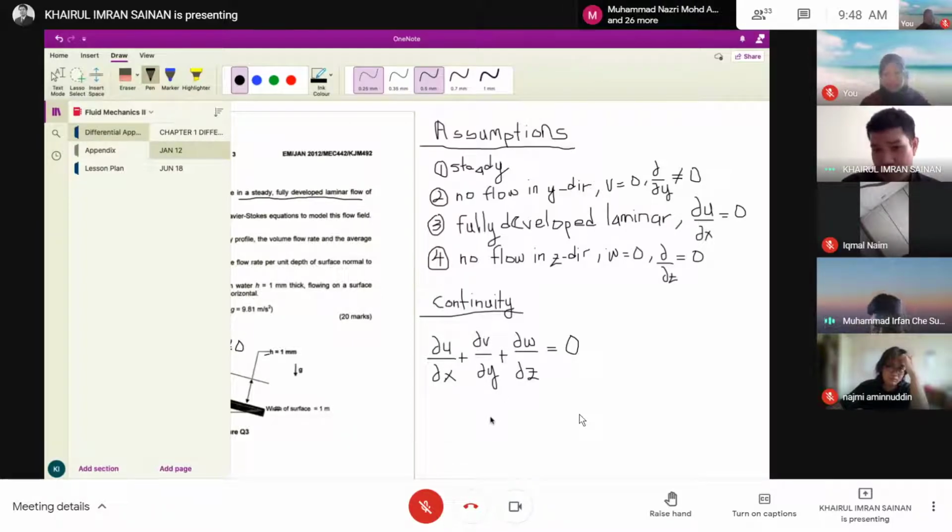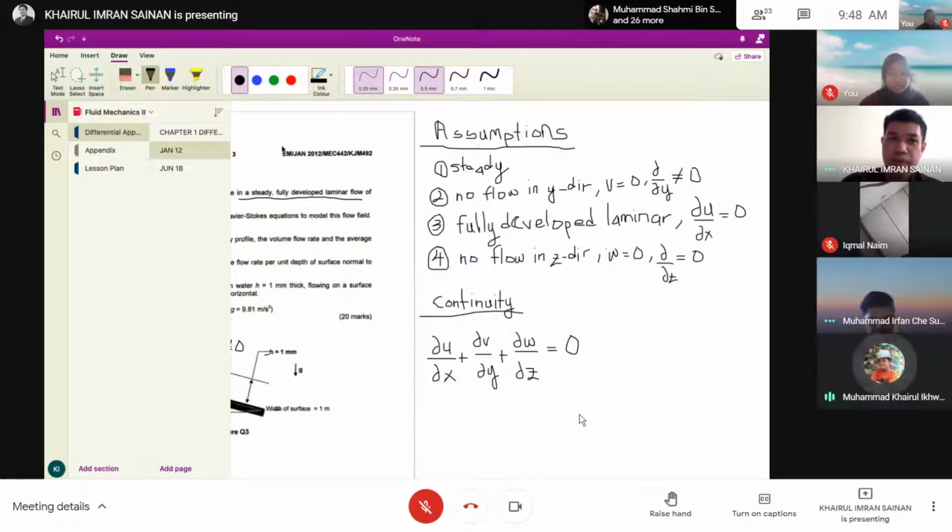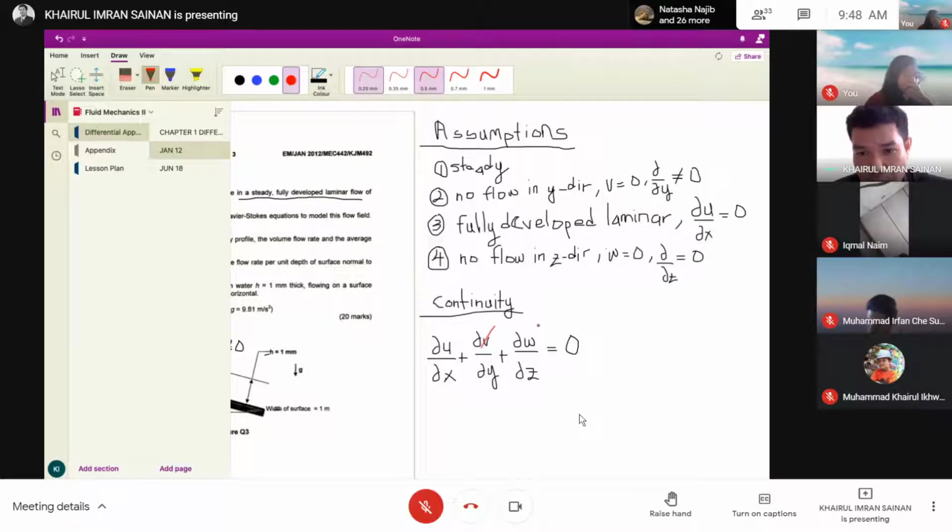Del v over del y and del w over del z. You know why, right? Because there is no component v and no component w. So similar, del over del z. So in actual, the whole thing is cancelled out. So this is number 2 and number 4. Done with the continuity.